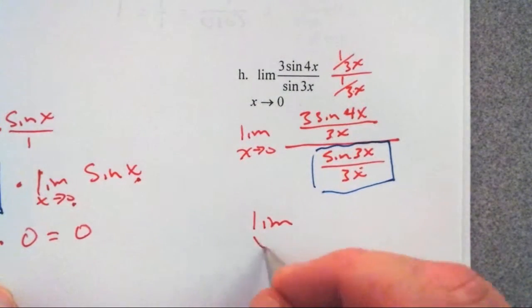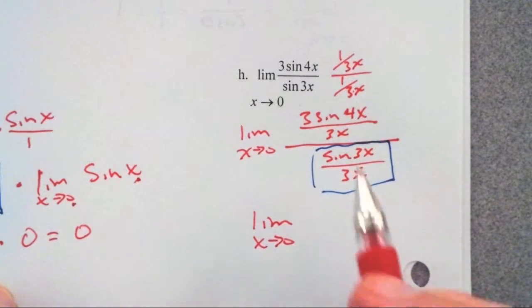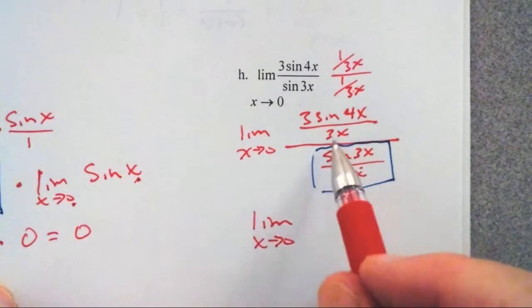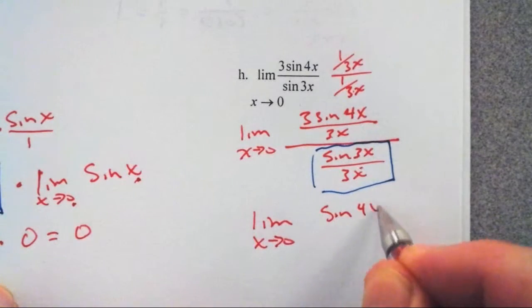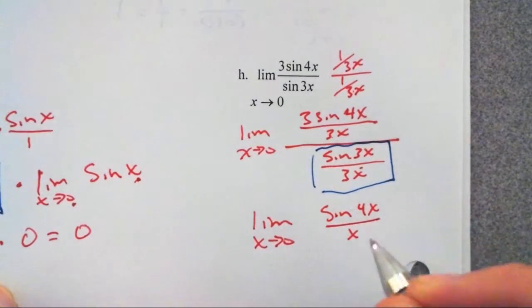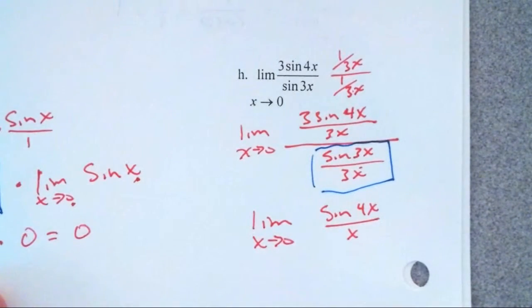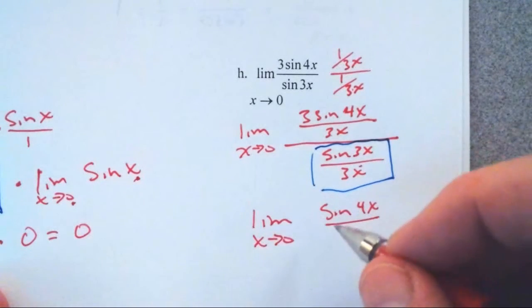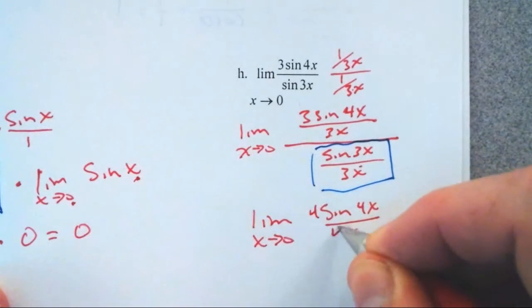I've got the limit as x approaches 0 of, my 3's cancel, sine of 4x on x. Is that what I want? No, I want sine of 4x on 4x. So I'm going to multiply this guy by 4 on 4.